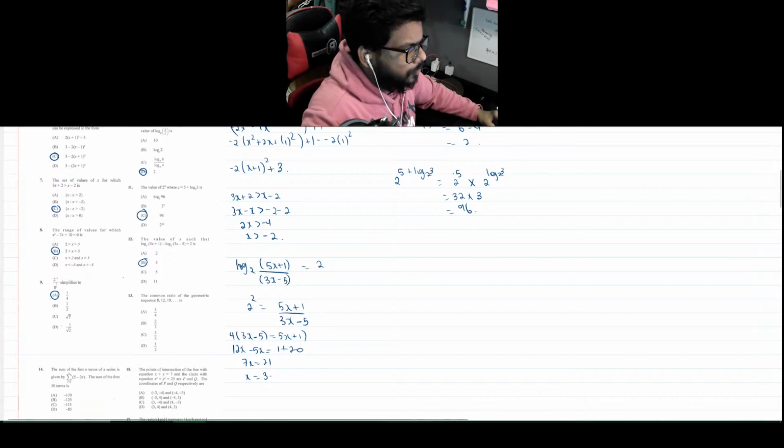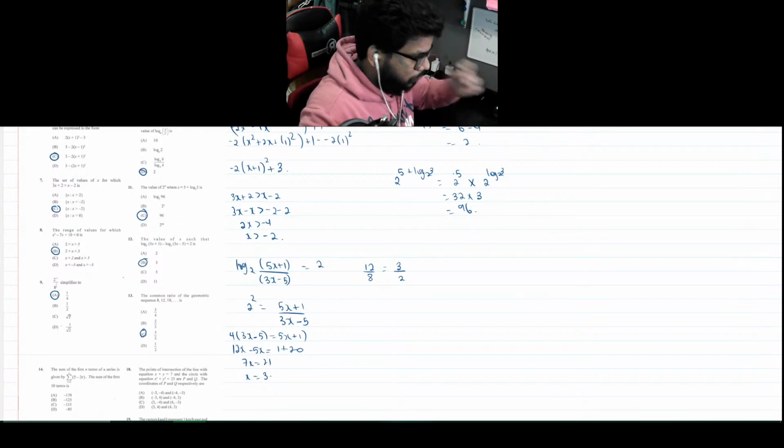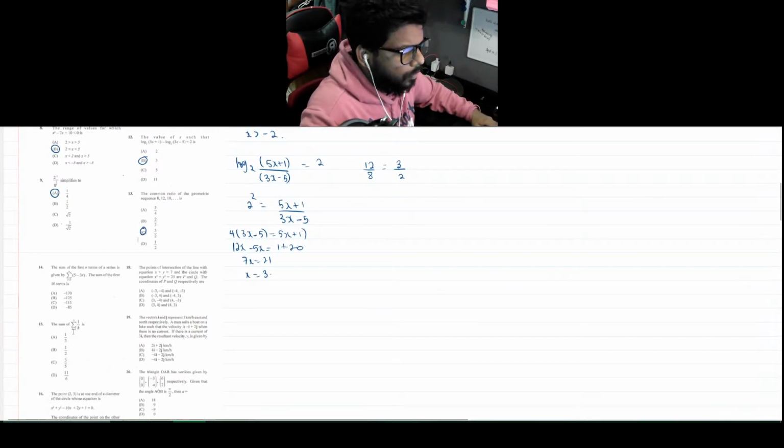The common ratio for the geometric progression is 12 over 8, which reduces to 3 over 2. The sum of the first 10 terms: to calculate the first term, t1 is when r is 1, 5 minus 3 into 1, that will be 2.